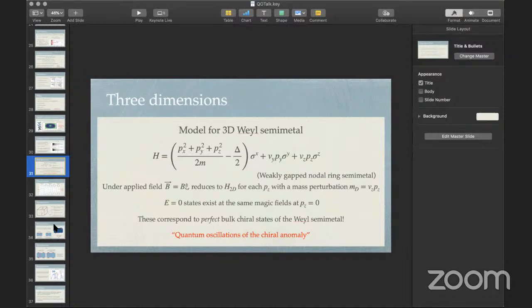Also, typically you have more, in many cases, maybe multiple Weyl points that may not be exactly at the same energy, and therefore the Fermi level may not be exactly at the Weyl points. I'm wondering what are the restrictions that you have, and how does that apply in real materials? To what extent are you limited by that?